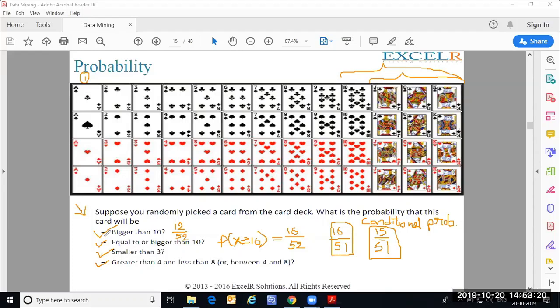If I pick a card at the first place, the probability associated with that card being greater than 10 is 12 by 52. We are all clear about that, right? So the outcome of your first experiment is 12 by 52.